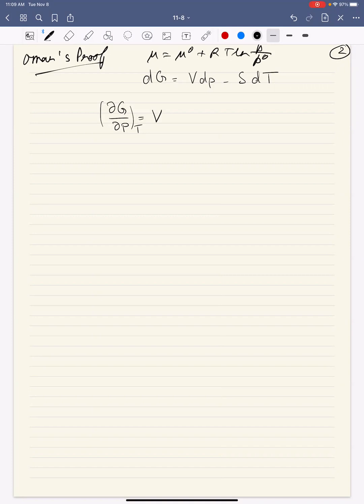Should we add dn to the dG formula? I will do whatever you want me to do. I agree. We are talking about a single component system. I assume my ideal gas says this is equal to RT by P, right?